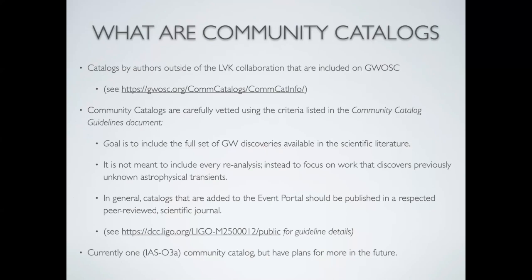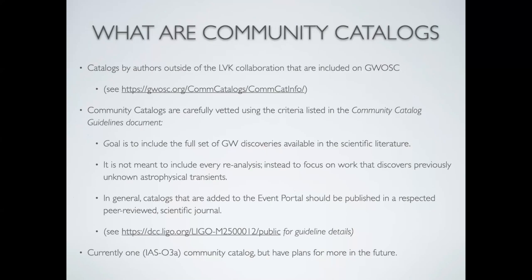So the catalogs themselves can be authored by people outside the LVK. They can be included on GWOSC. We were just looking at this web page that has the information on it. They're carefully vetted. That's important to make sure that the information there is scientifically meaningful and vetted.